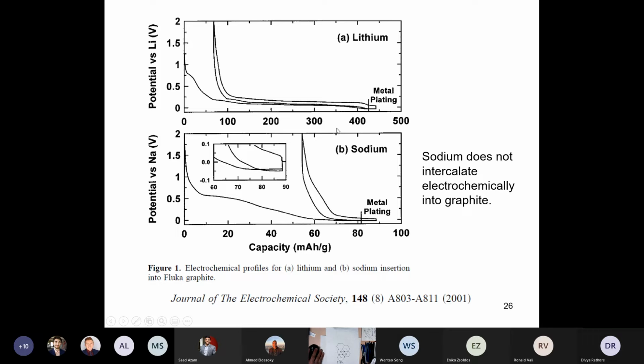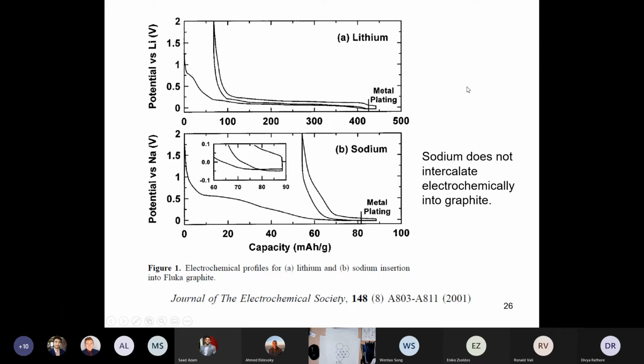But if you try to intercalate sodium into graphite, it just doesn't go. You know, you try, it goes down to 0 volts, and you electroplate sodium on the surface of the graphite. So you get about 20 milliamp hours per gram, whereas with lithium you get 370 or so. So that's bizarre. Why doesn't sodium go in?